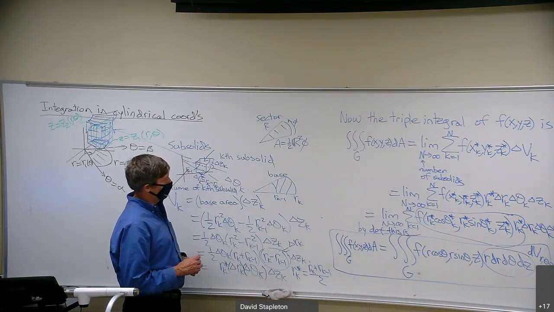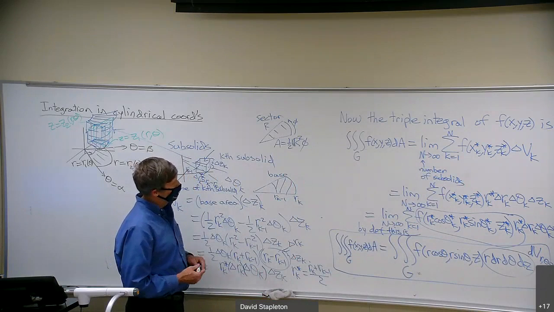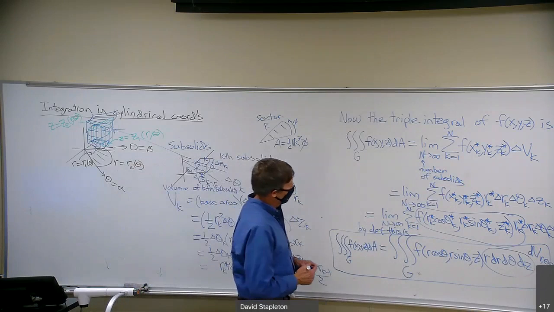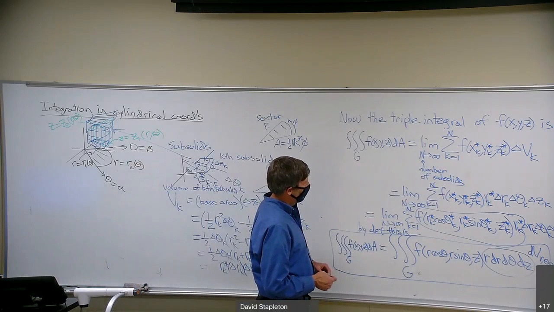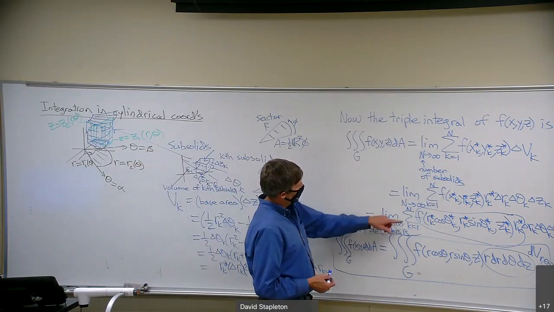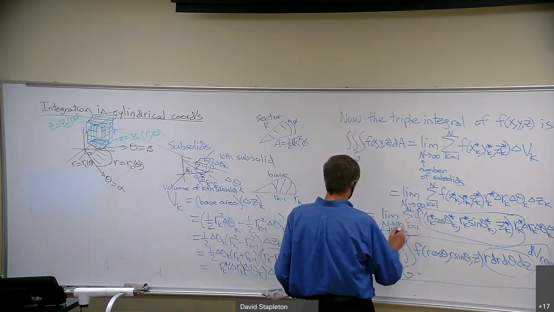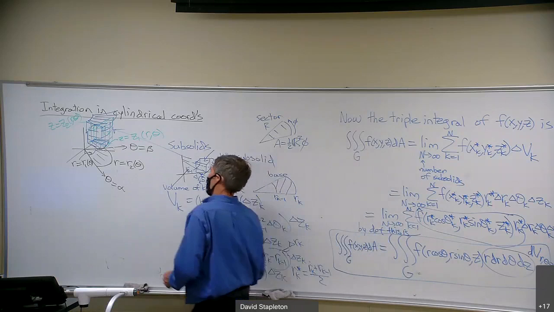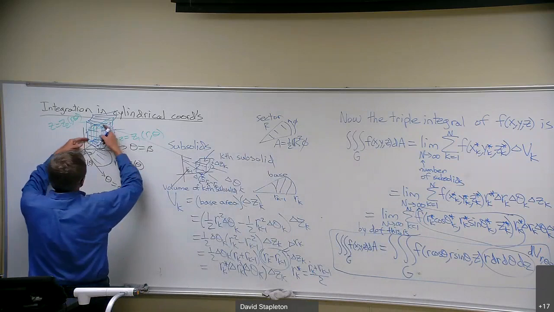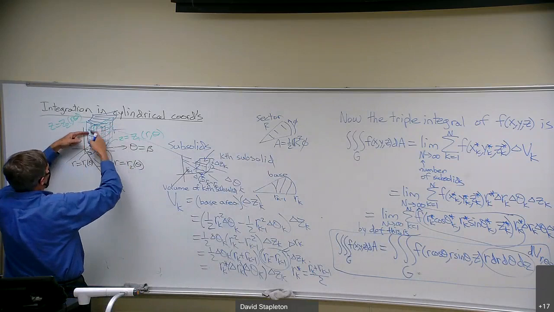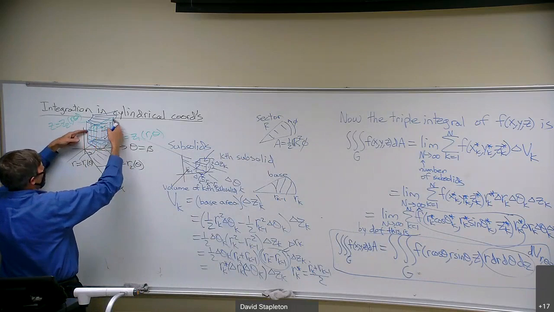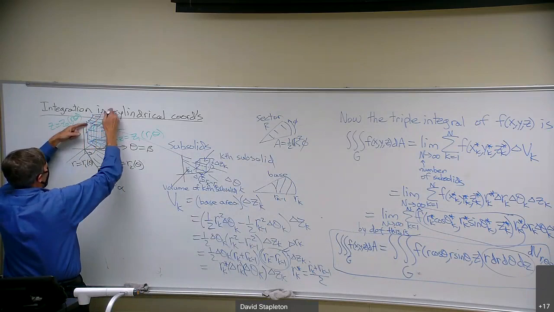And there is one little thing I left out here. Really, to be completely detailed on this, you don't put f in here, you put this f hat. Remember what f hat was? F hat was equal to f if you were in the actual subsolid. F is only defined over this green subsolid. It's not necessarily defined in this enclosing solid here, right?